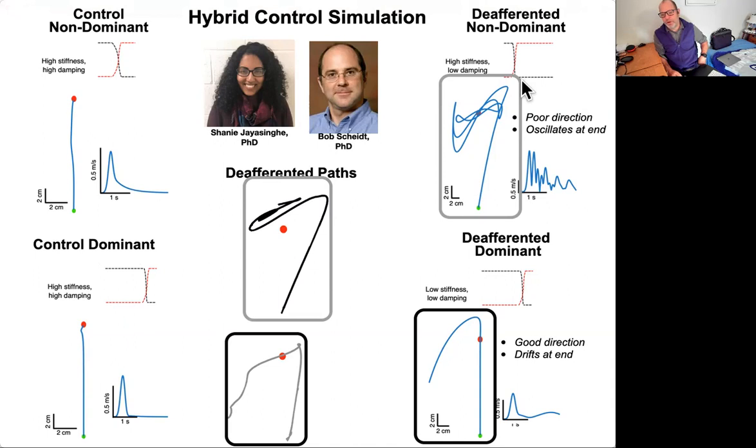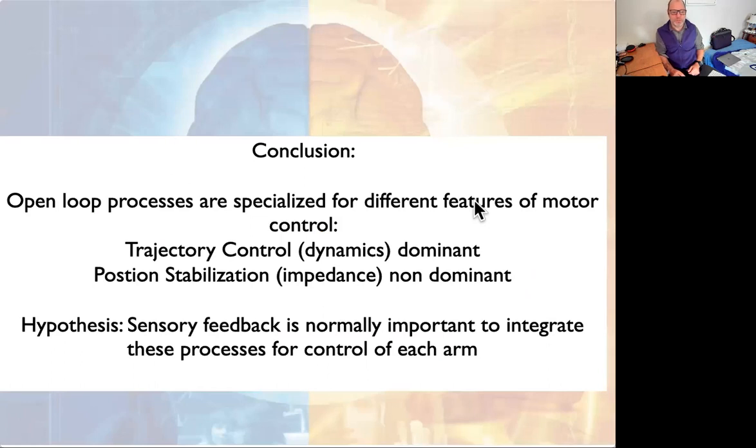The deafferented non-dominant arm used a kind of poorly controlled stiffness controller, and the deafferented dominant arm had a really bad stiffness controller and used largely what you could think of as a trajectory or optimal controller. Also not well adapted because you don't have the input to adapt these models.